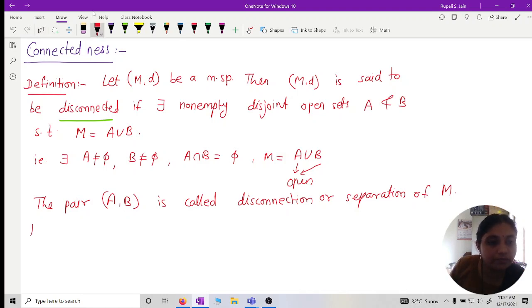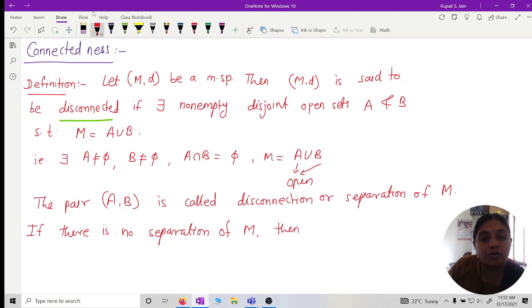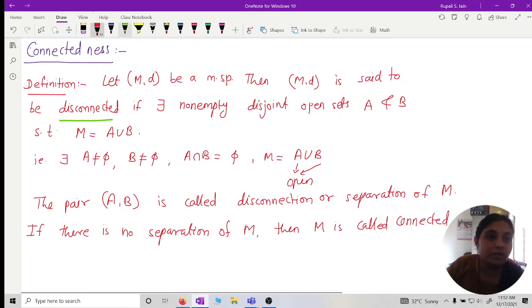If there is no separation of M, then M is called a connected space, a connected metric space. Is that okay?